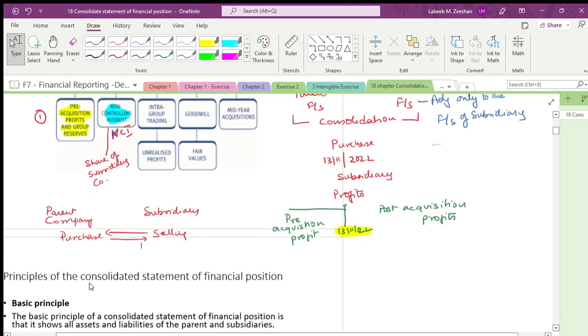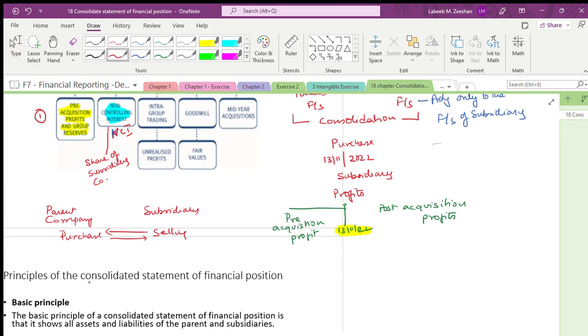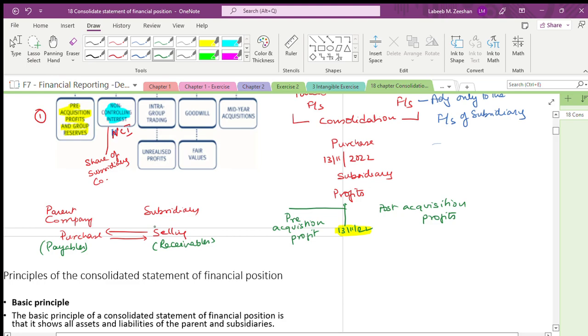For one side it will be receivables, and for the other side it is going to be payables. Any intra-group trading transaction there is, we are going to take into consideration.